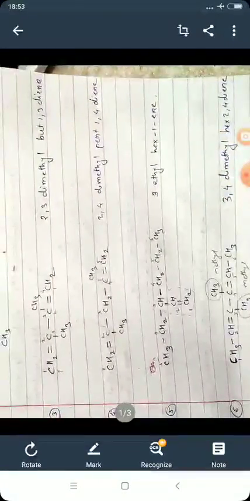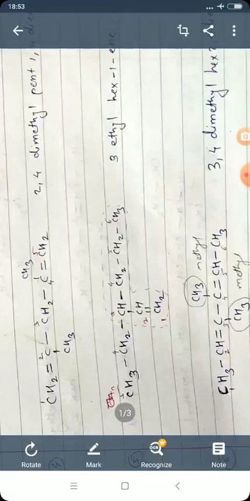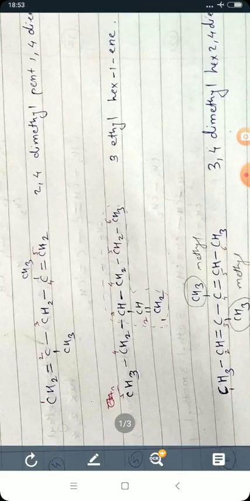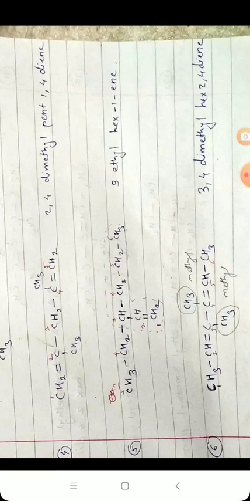See the next example. In the sixth example, see, we have 6 carbon in a straight chain. Numbering we can give from any side. Both positions are same. Second and fourth carbon possess double bond, and the third and fourth carbon possess a methyl group as a prefix or substituent.